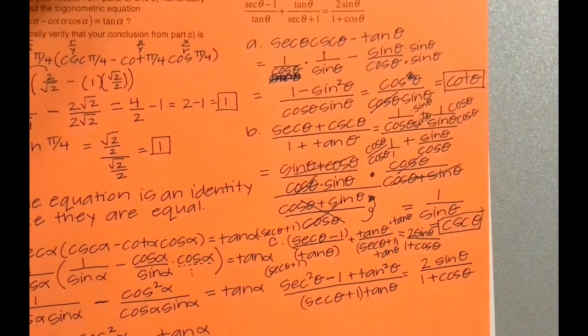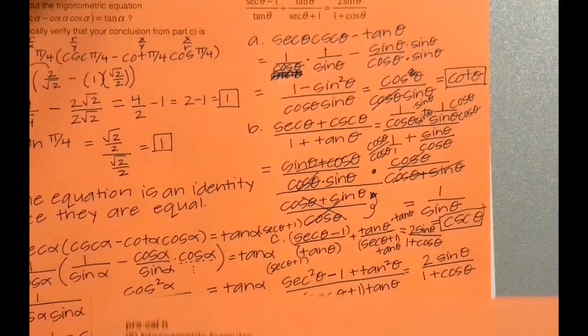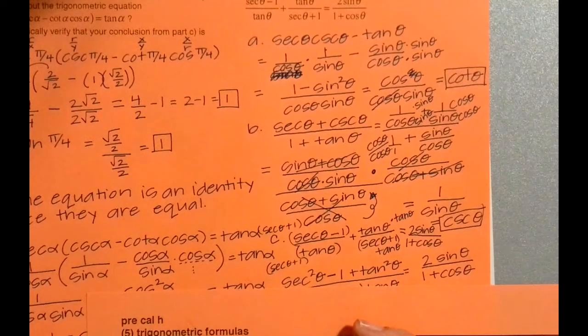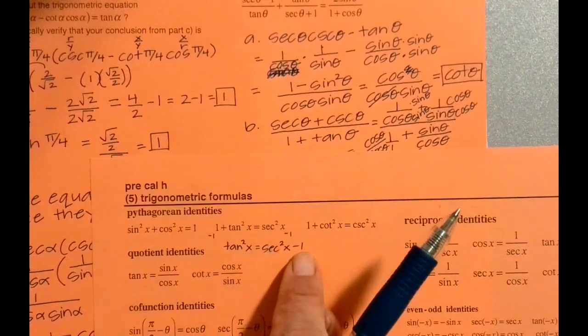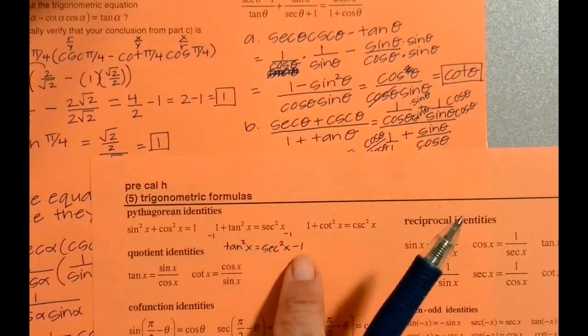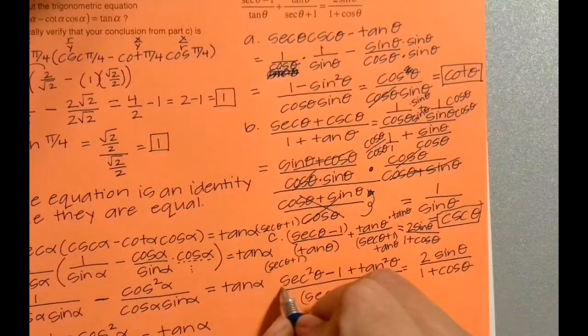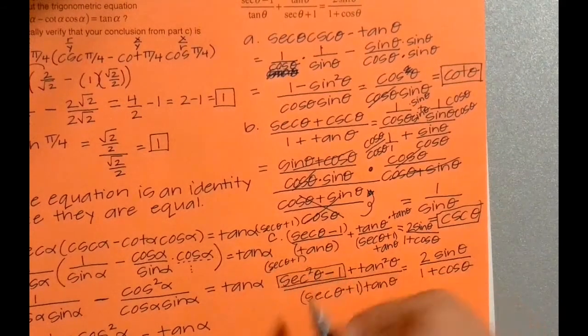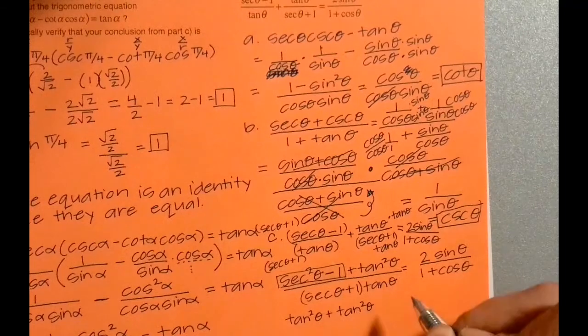Okay, so take a second to see how we got that. Now, because I start seeing squares, I'm going to look at my identity sheet, and I see that another way to write tangent squared is if I write secant squared x minus 1. So since I have secant squared x minus 1, I'm going to change it to tangent squared. So this piece right here is getting changed to tangent squared theta. And then there's another tangent squared theta.